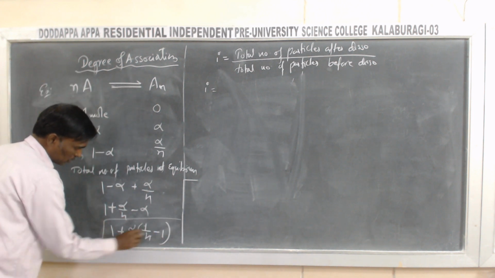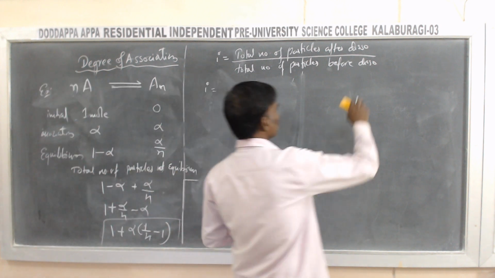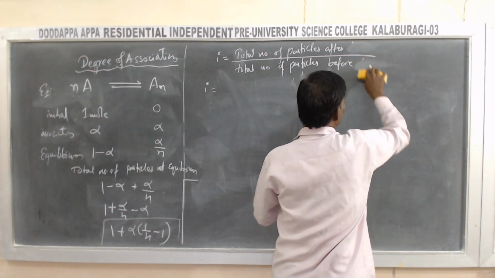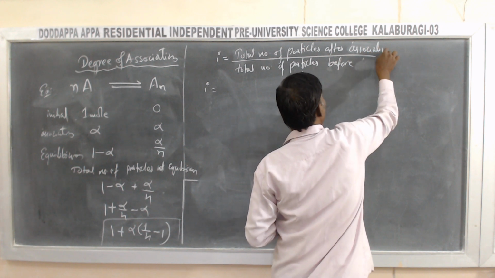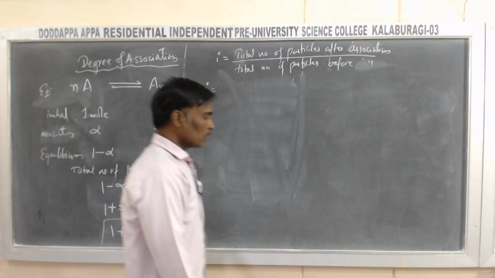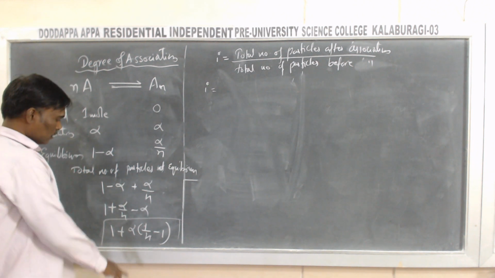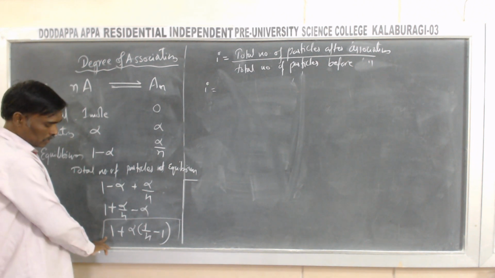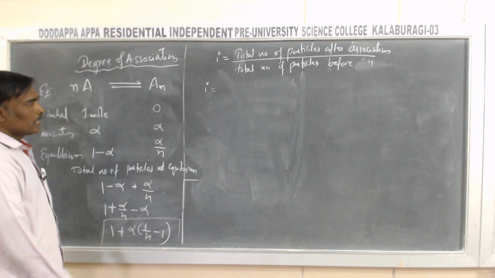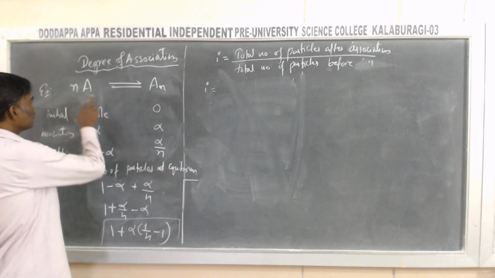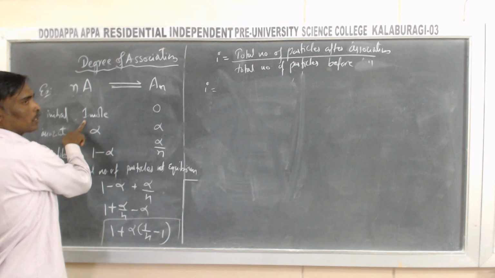After association and before association: total number of particles after association when the system attains equilibrium is 1 plus alpha into 1 by n minus 1. And total number of particles before association, we have to consider as only 1 mole.